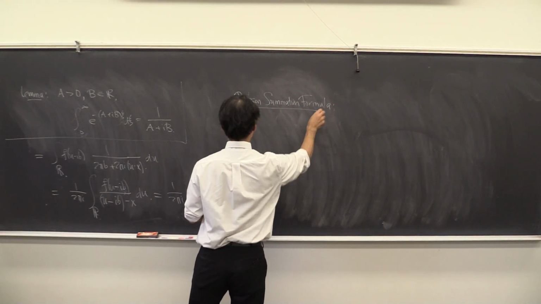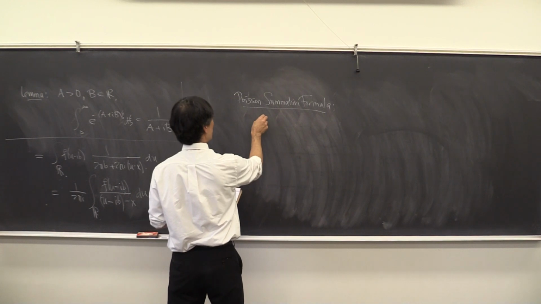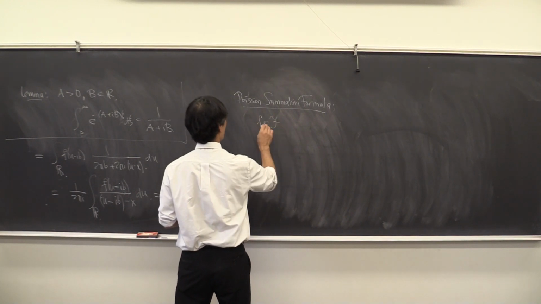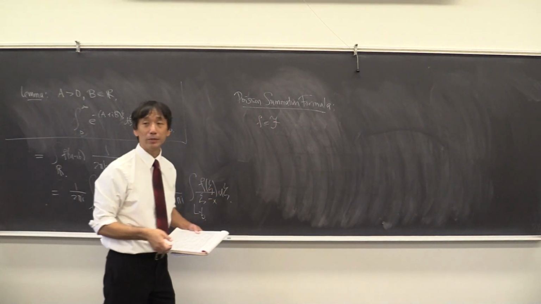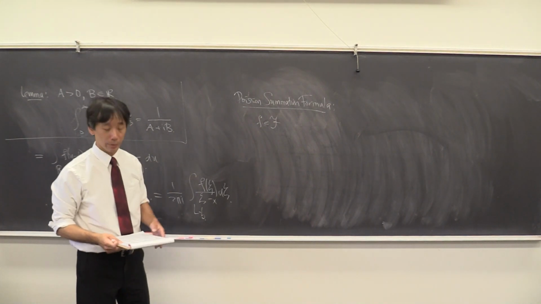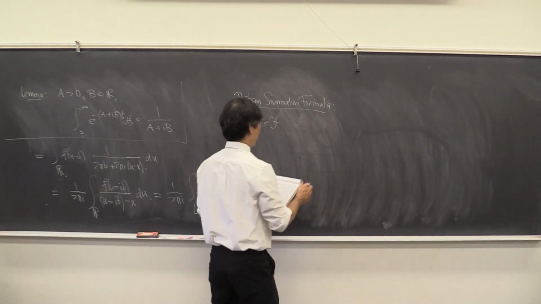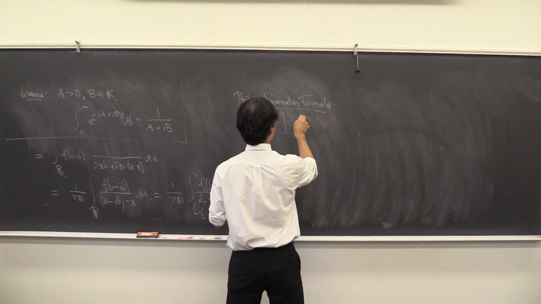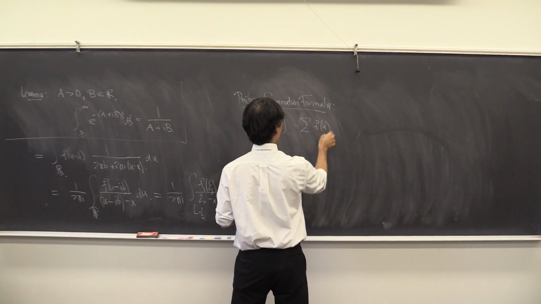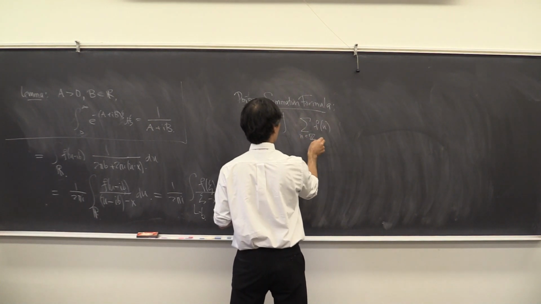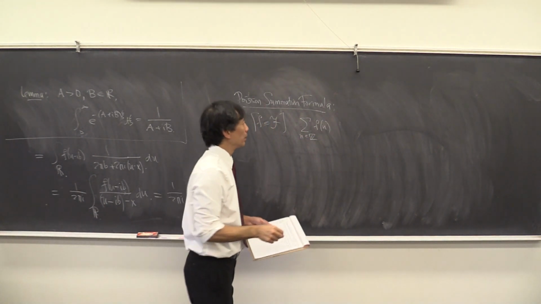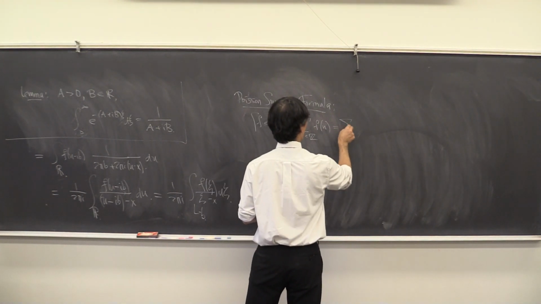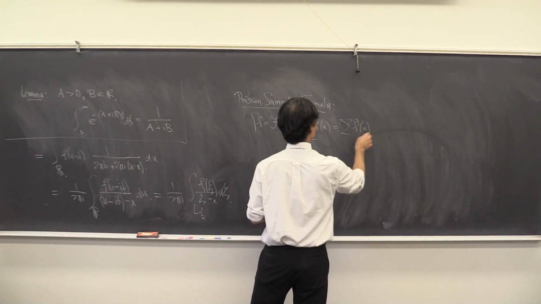The Poisson summation formula for us will be this: you have some function that lies in one of the f sub a's. In that case, the sum of the values of the function at the integers is the same thing as the sum of the values of the Fourier transform at the integers.